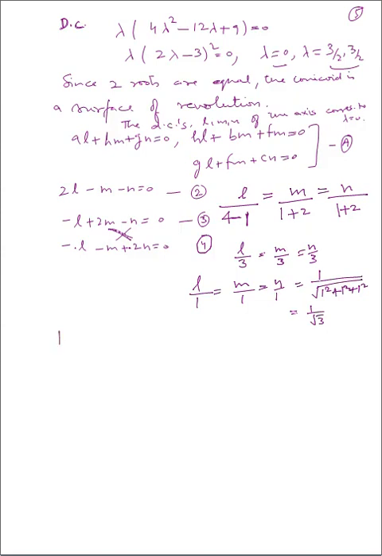And K value is UL plus VM plus WN. So this is minus 3 by 2 into 1 by root 3, plus V value is 3 with minus sign into 1 upon root 3, and W is minus 9 by 2 into 1 upon root 3.